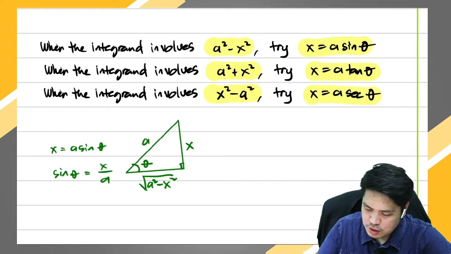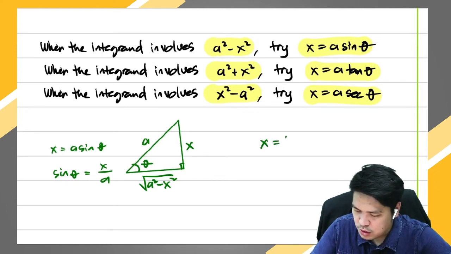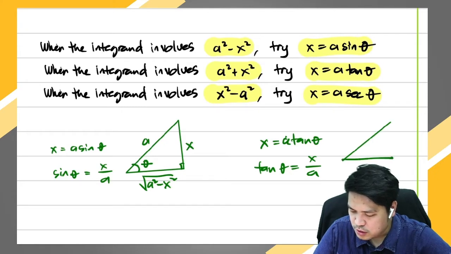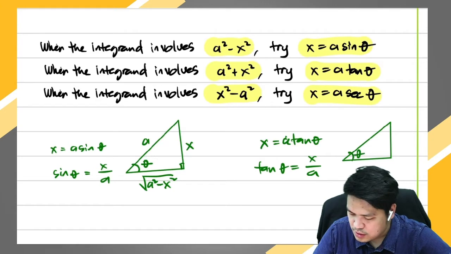Okay, the same goes for tangent. If we reconstruct x is equal to a tangent theta, or tangent theta is equal to x over a, then we'll have a similar triangle wherein this angle is theta.